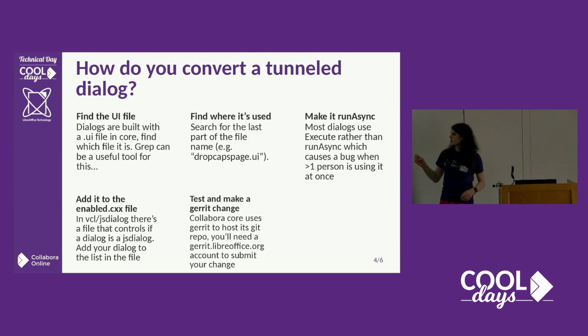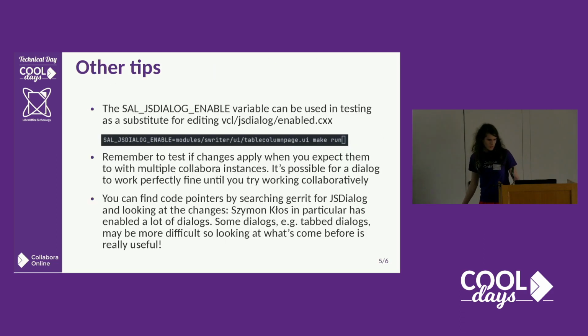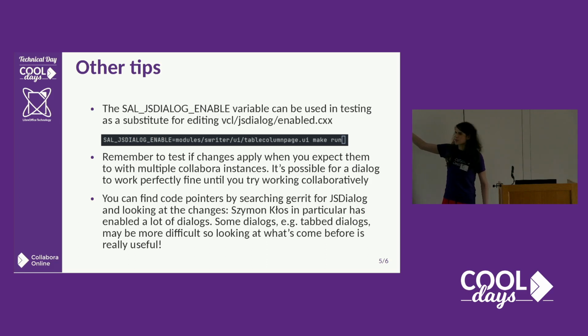And finally, we need to test it, and then we can push our changes to core side, and the dialog will be enabled. When you're converting JS dialogs, you can use an environment variable as a substitute for editing the enable file, particularly when you're enabling tagged dialogs, where you'll have to enable lots of dialogs at once.